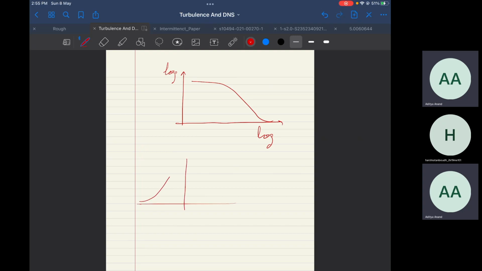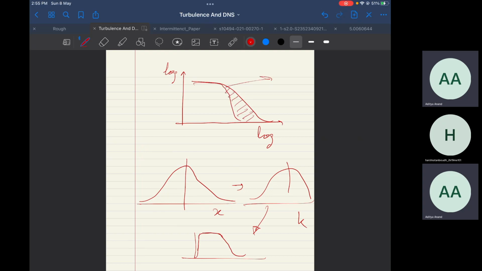So this is a Gaussian in space. You take a Fourier transform, you'll get a Gaussian in K. Now if I plot this in a log scale, it will be something like this. It will drop to 0, but it will have a shape like this.